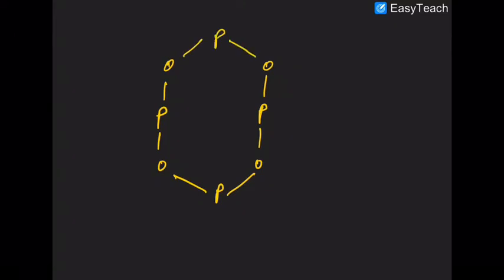Draw the P-O bond like that, and after that join one P also here. Now the opposite ones are joined like that. Are you sure about that or not? So this is P4O6.